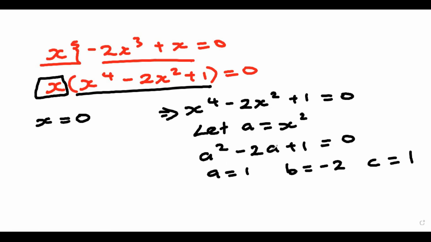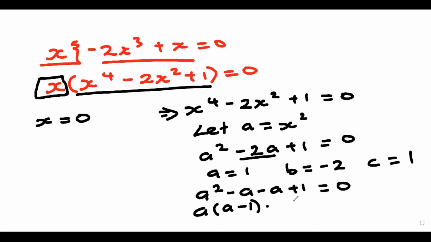So it's 1 times 1, that gives us 1. So what can we do to get minus 2 here? So we could say minus 1 plus minus 1. So we have a squared minus a minus a plus 1 is equal to 0. So we're grouping a minus 1, minus 1, a minus 1 equals 0. So here we have a minus 1 and a minus 1 equal to 0.